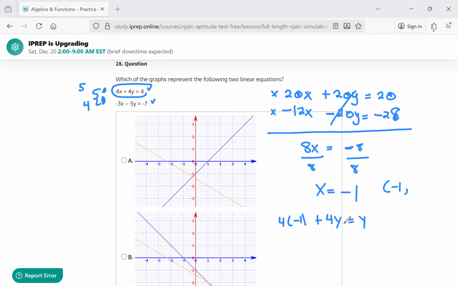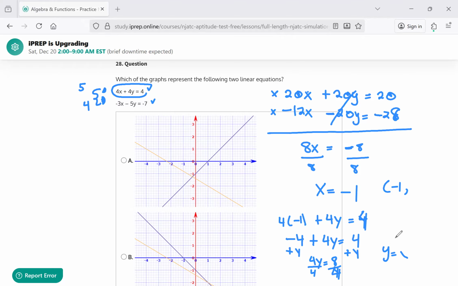Okay. 4 times negative 1 is negative 4 plus 4y equals 4, and then add 4 to both sides. So you get 4y equals 8, divided by 4. 8 divided by 4 is 2.